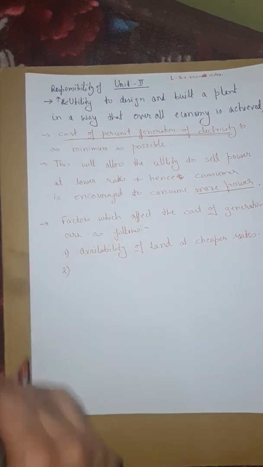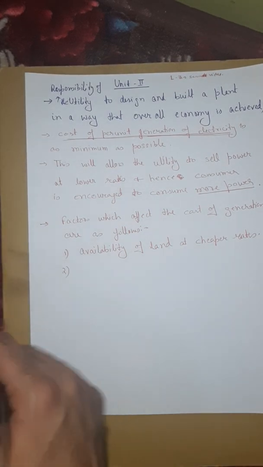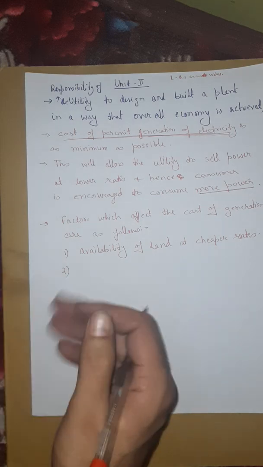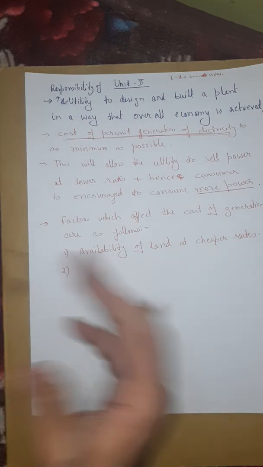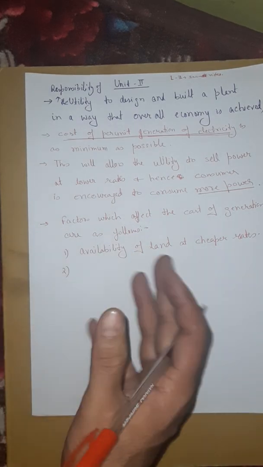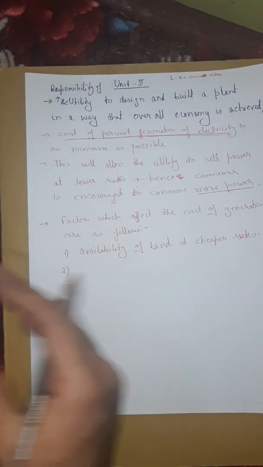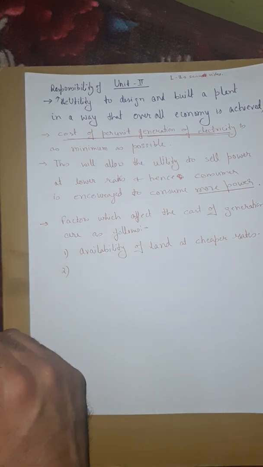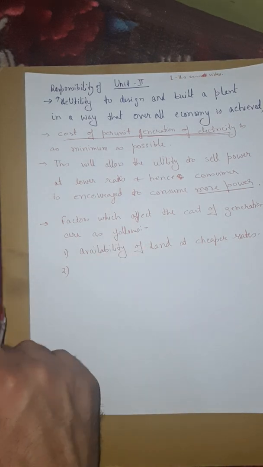Number second is, now you have purchased a land, and you want to construct a thermal power plant. For that, you need machineries, equipments, and buildings. Moreover, you need fuel. In case of a thermal plant, you need coal, and in case of a nuclear plant, you need some nuclear material, uranium 238.